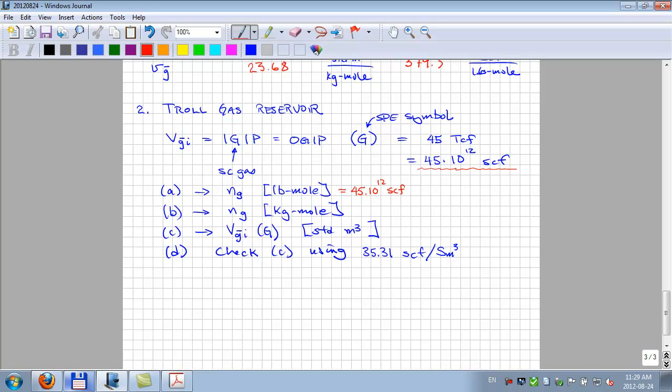What's our conversion factor? Divided by 379 standard cubic feet per pound mole.